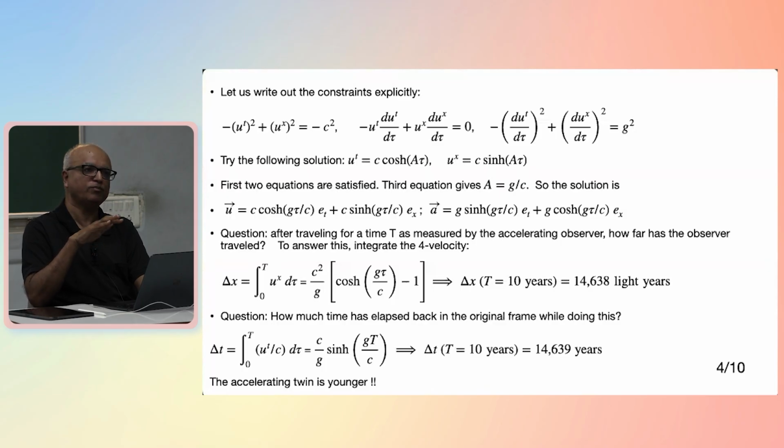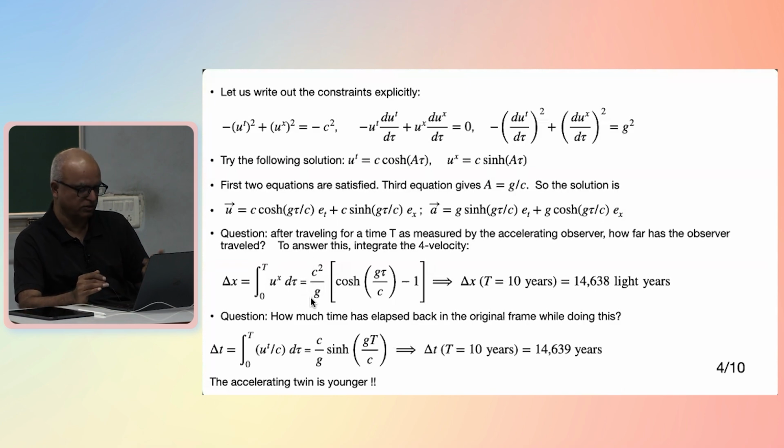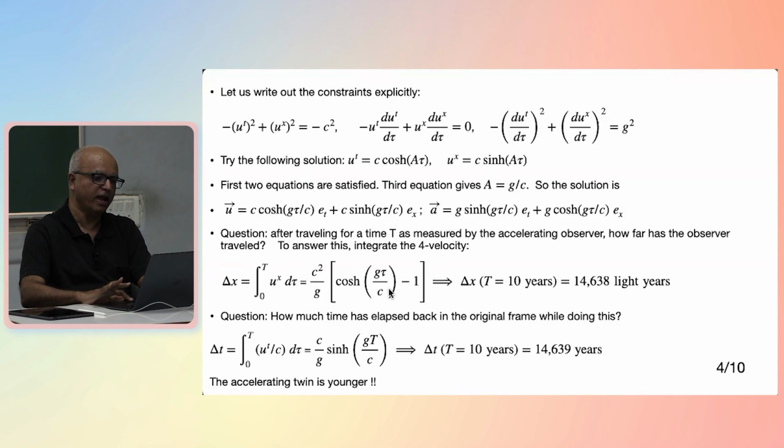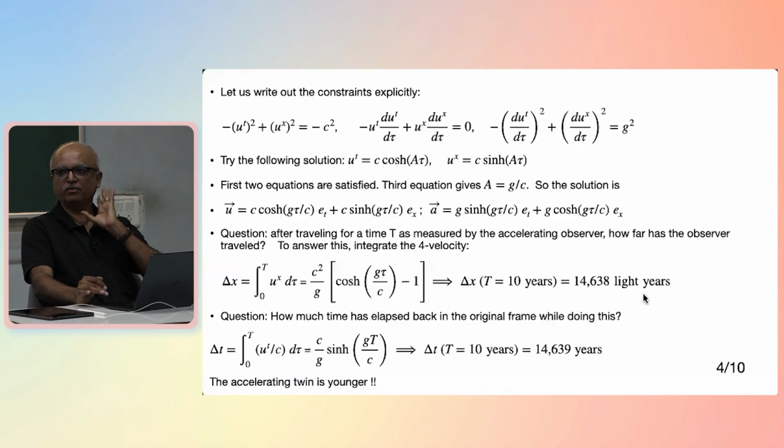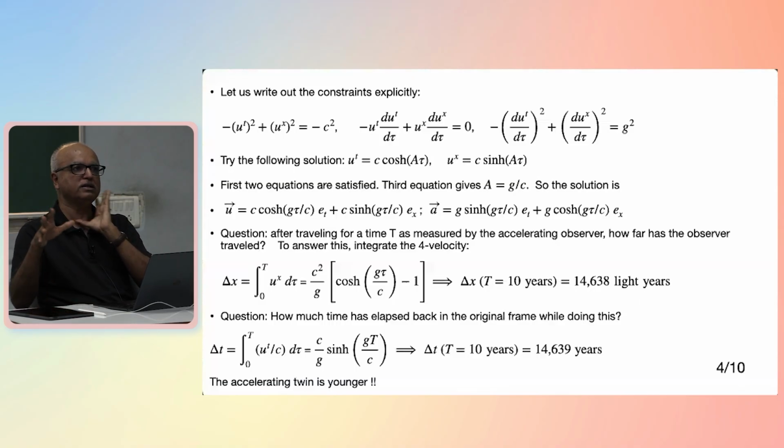It is 10 to the power 16 meters. It's a huge number, very interesting. At terrestrial acceleration, this is a very big number, and if you put T as 10 years, you can check this comes out to be. So, in my frame, only 10 years have passed.